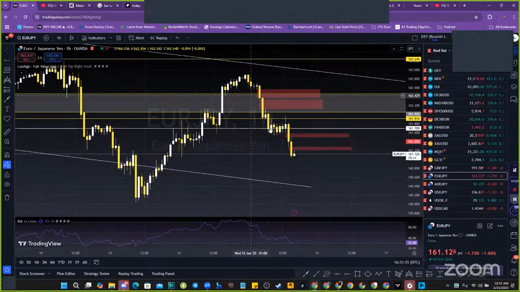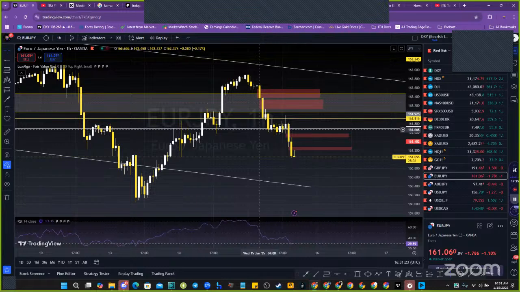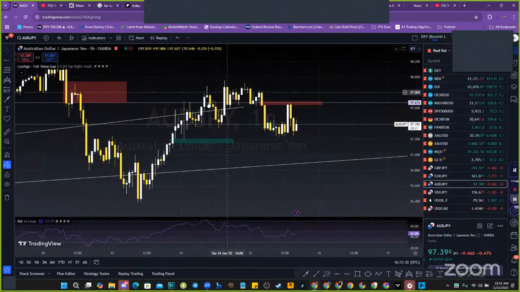EJ, I mean, we got the same thing, right? Attempted to go bullish. We can see that throughout the night. It rejected the area where we can kind of see this as a head and shoulders pattern. Bearish engulfing, retested that, and is now pushing. AUD JPY, same idea, right? Failed to break the high.